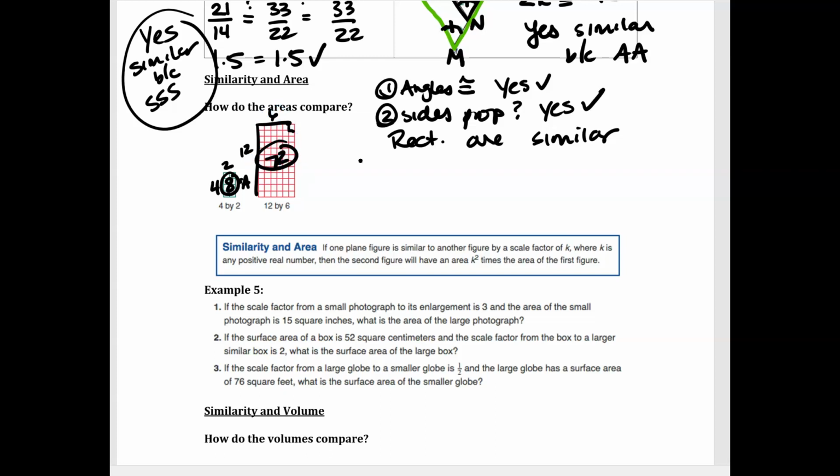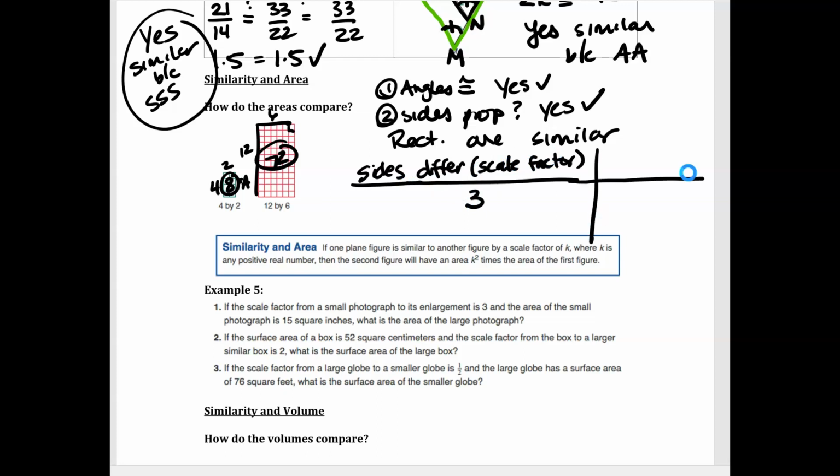So I'm just going to write down the scale factor. The sides have a scale factor of 3. Okay, let's look at how the areas compare.